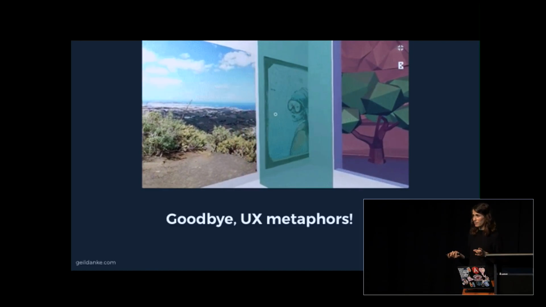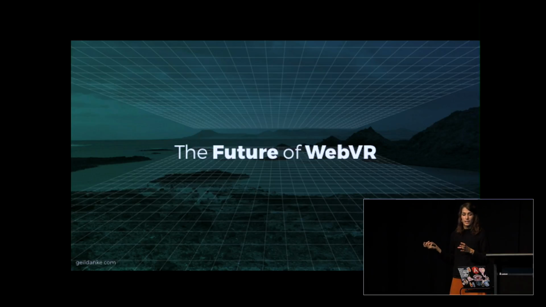Okay, let me ask you one last question. What about the future? At the moment, there are some smart people developing the API, and they are also thinking about making the VR web usable without WebGL and JavaScript, but only with HTML and CSS. For example, we could think about making our websites visible in a 3D space and let the developer decide with CSS how the spherical image around the user should look.